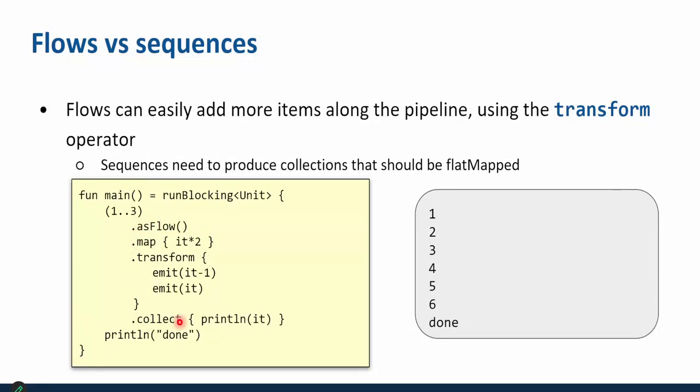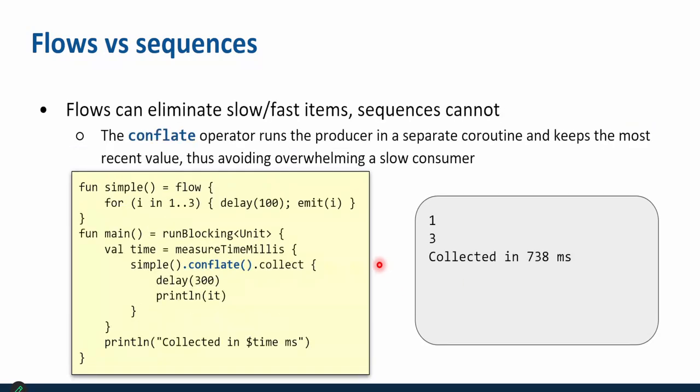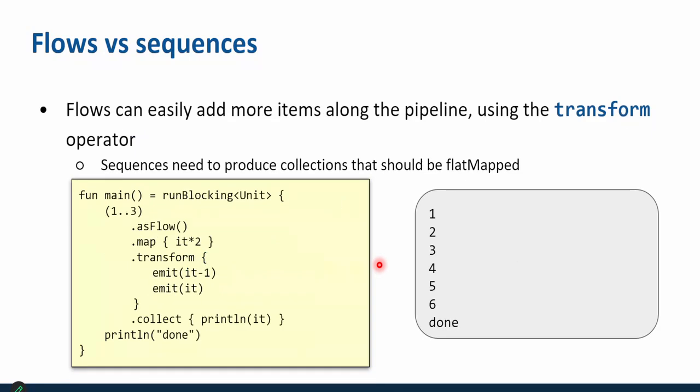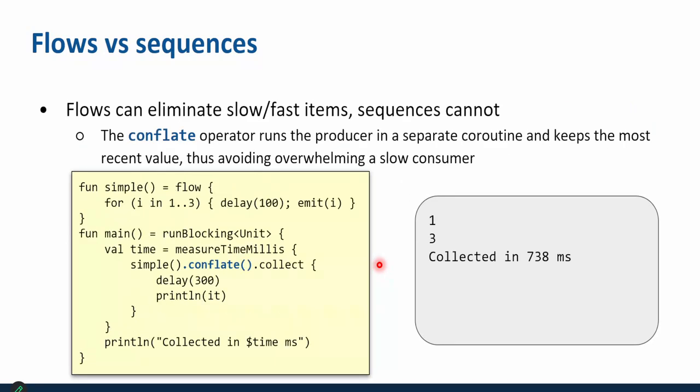We set a plan and we collect after that, and the collection will go for multiplying by 2 and then emitting 2 values. Okay, so if you go here, we have first execution by 2, and then every other value will emit 2 values with some kind of manipulation based on the iterator object. You can check more with more time. It is not, let's say, key to grasp this example. At this time, it is just to give you a broad idea of the opportunities that flows allow you. Okay.